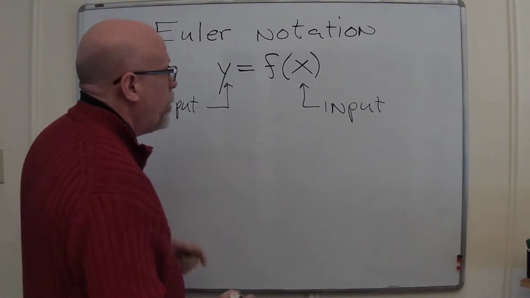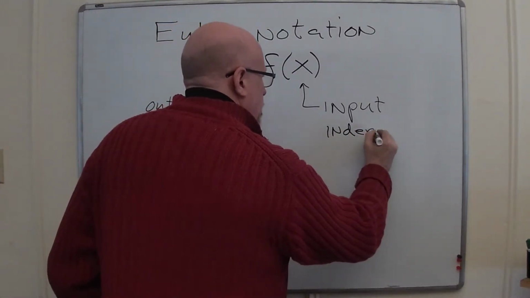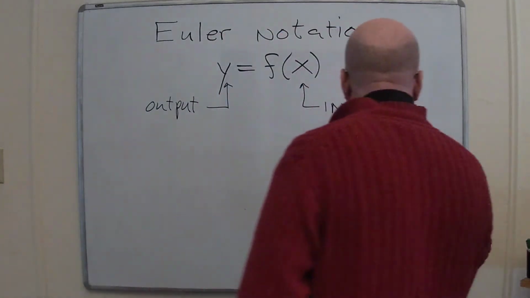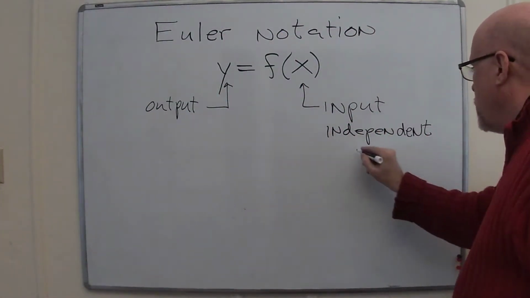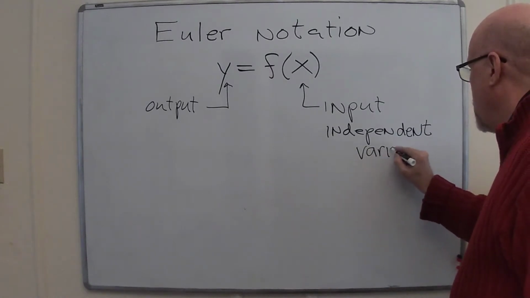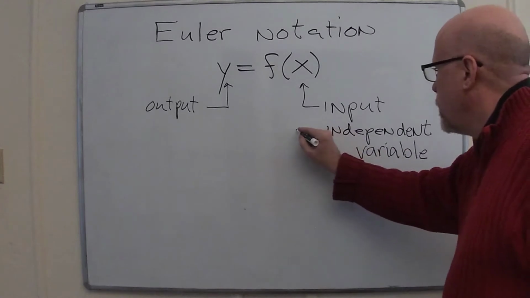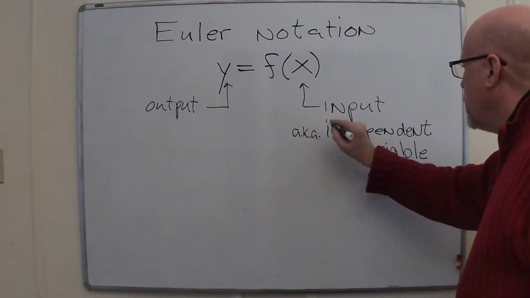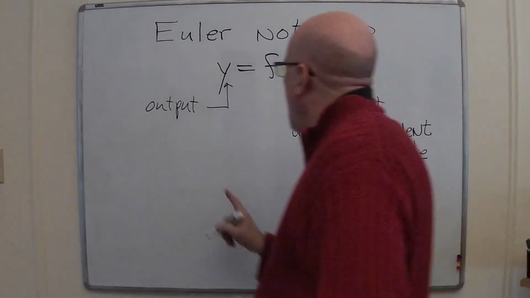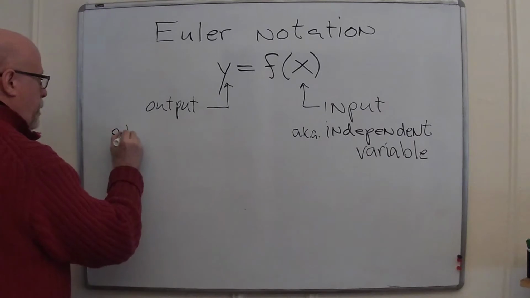But we also have independent variable for x. It's independent. Can I put an AKA in front of this? AKA independent variable. The output variable is also known as the dependent variable.